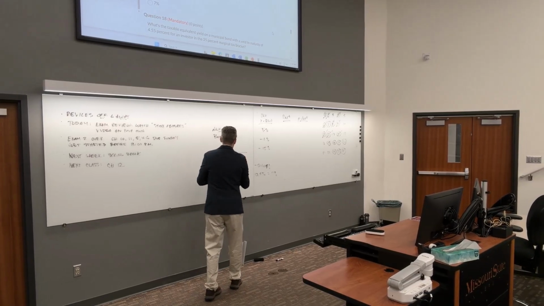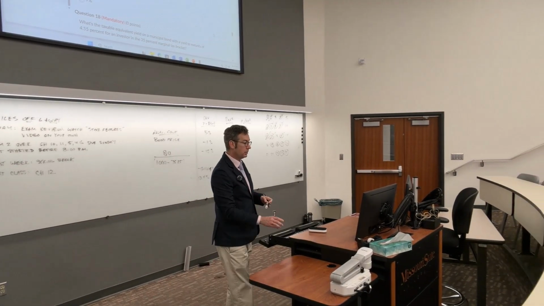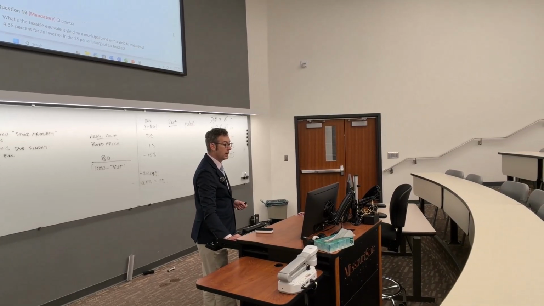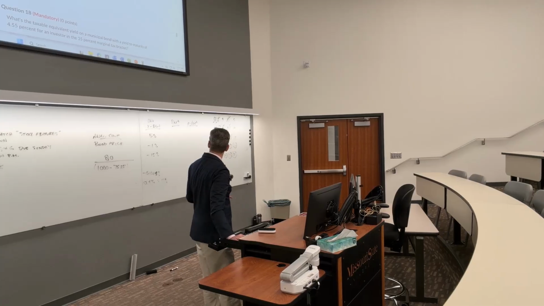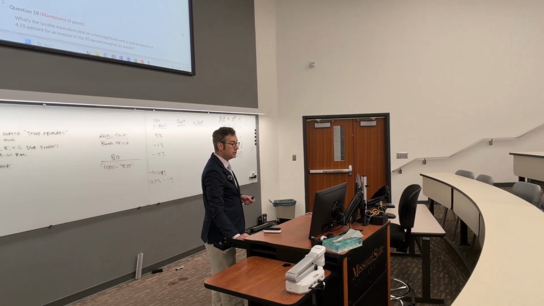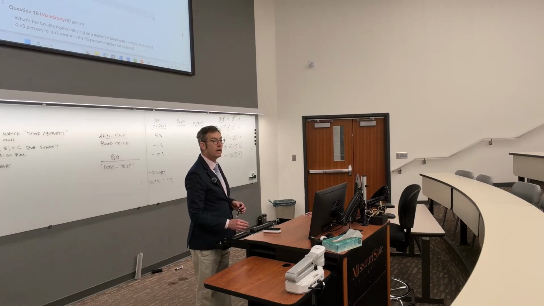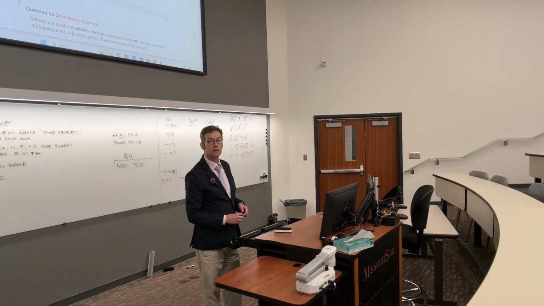I'm going to go ahead and get my calculator up here and say 80 divide by open parenthesis 1,000 minus 75.25 close parentheses equal. I'm getting 8.65%.